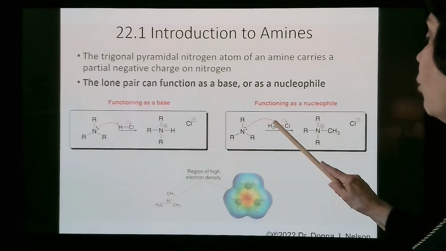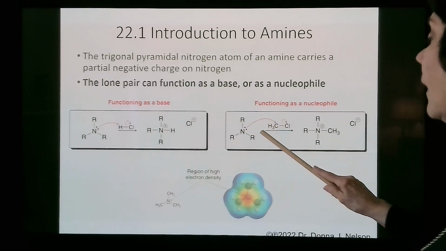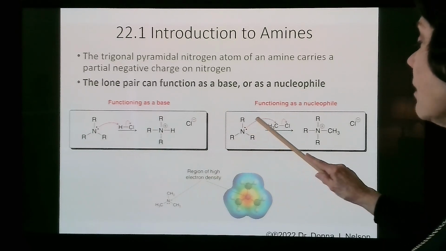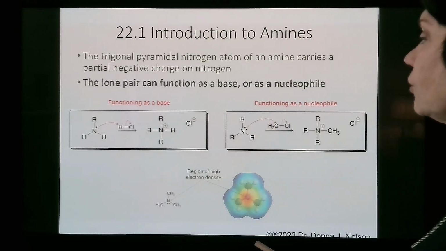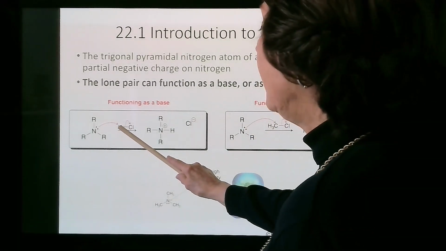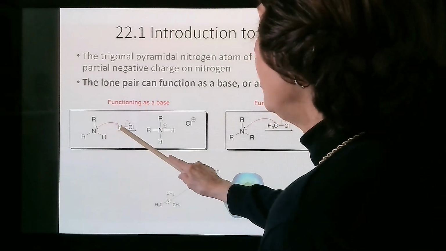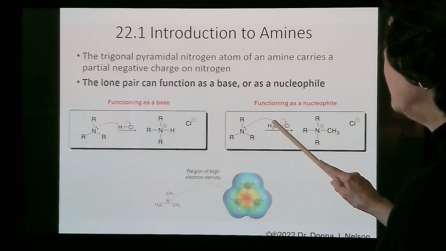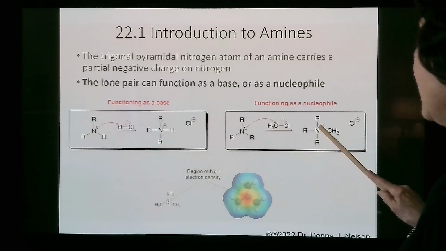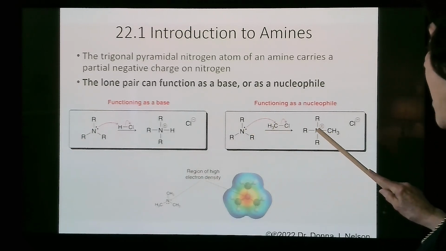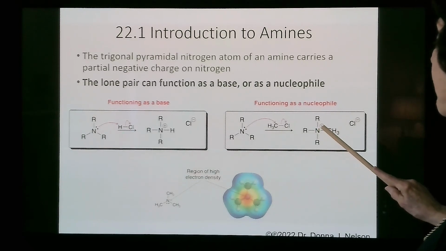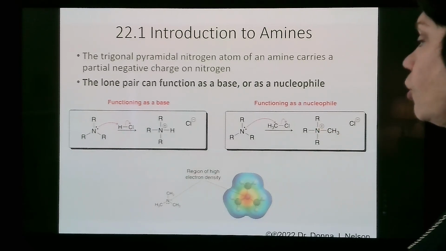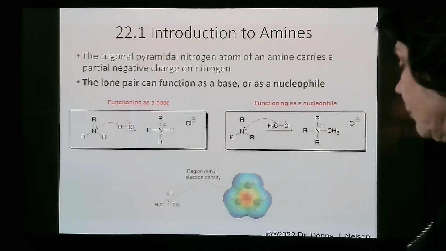Here you see that in the chloromethane. You can see that lone pair on nitrogen attacking carbon. So that's the difference between functioning as a base, in which the nitrogen attacks the proton, or functioning as a nucleophile, in which nitrogen attacks carbon. And still you wind up with an ammonium ion, because nitrogen is bearing a positive charge in both cases.